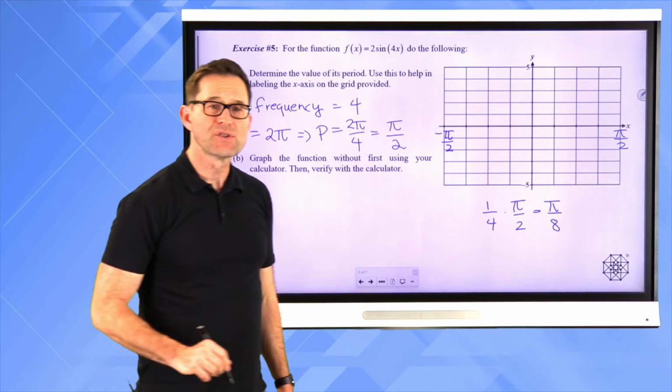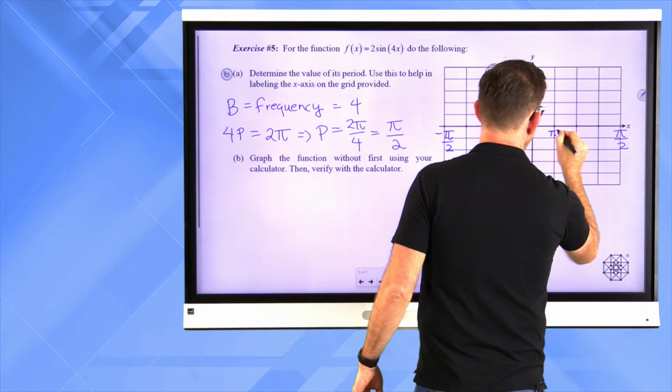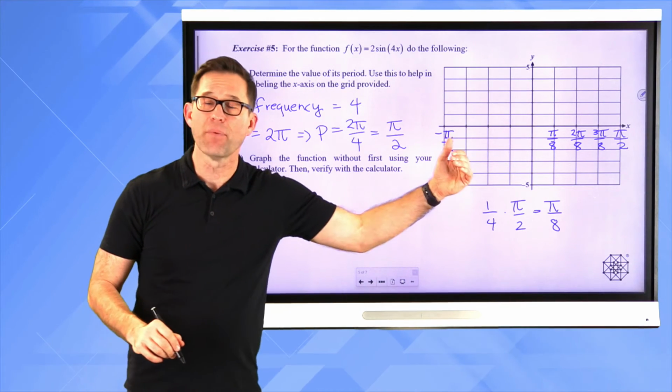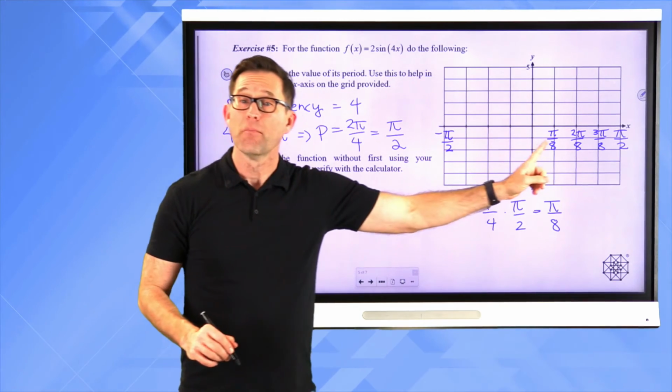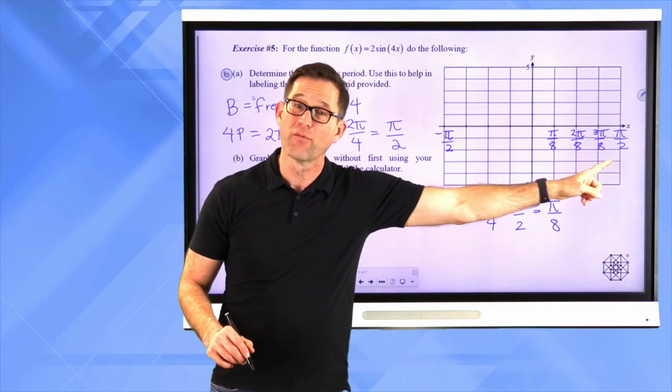So literally, if I wanted to label the rest of my x-axis, that would be pi over 8. This would be 2 pi over 8. This would be 3 pi over 8, right? And likewise, in the other direction, I'd have negative pi over 8, negative 2 pi over 8. By the way, 2 pi over 8 is the same as pi over 4, right? Which is half of pi over 2.